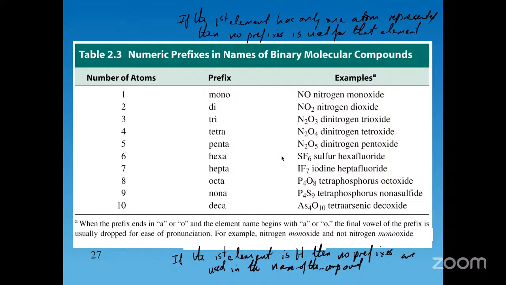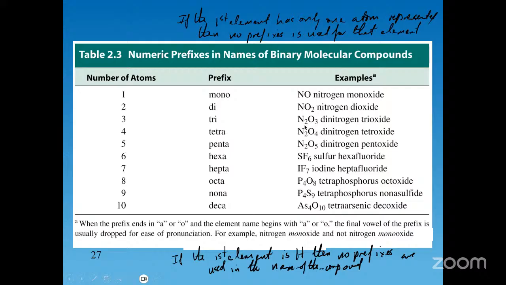Let's talk about the next one. Nitrogen dioxide, because again, you have one nitrogen atom, so we don't use the prefix mono, but we have two oxygen atoms, so we use dioxide to indicate the number of oxygen atoms present in this formula. Now, in the case of the third one, it is dinitrogen trioxide.